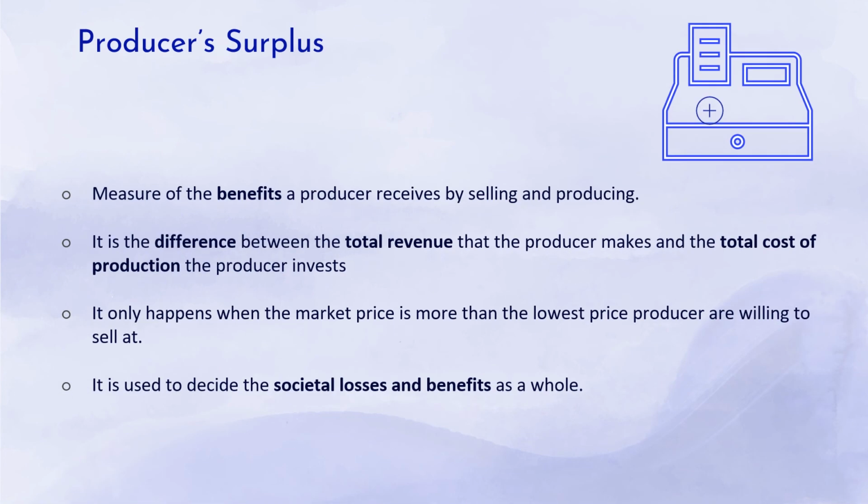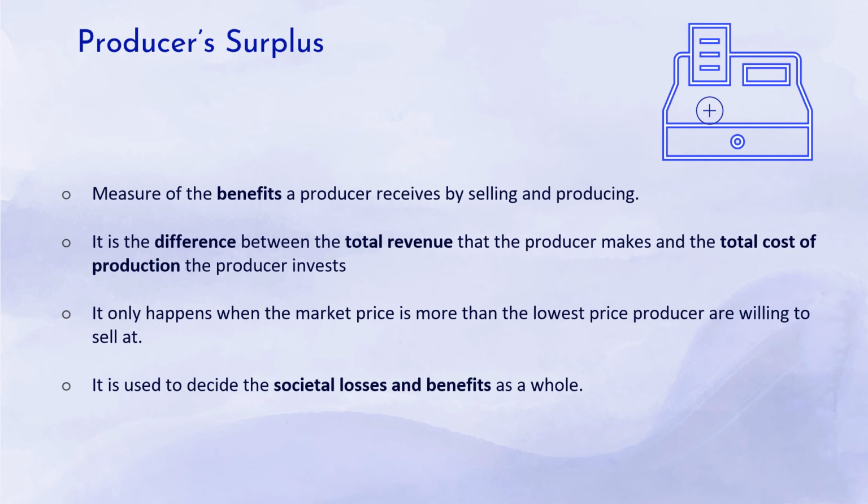It is a measure of the benefits producers receive by selling and producing, and it is usually the difference between the total revenue that the producer makes and the total cost of production that the producer invests. It only happens when the market price is more than the lowest price producers are willing to sell at. No producer is going to sell below the market price.